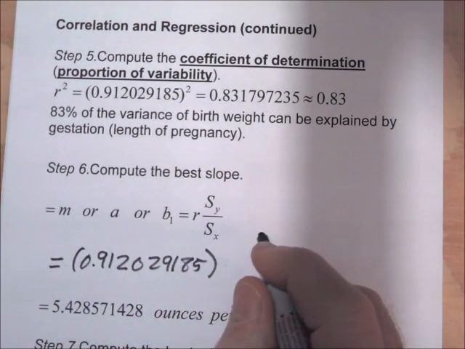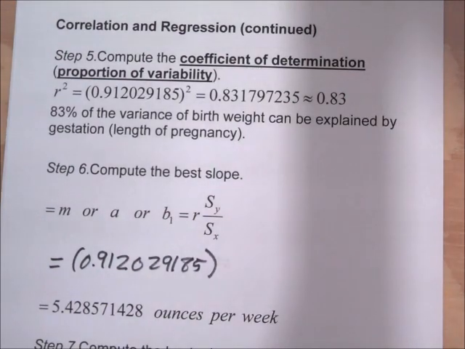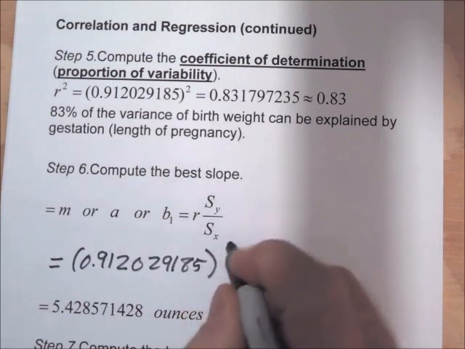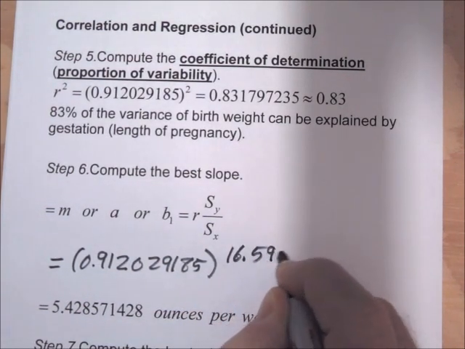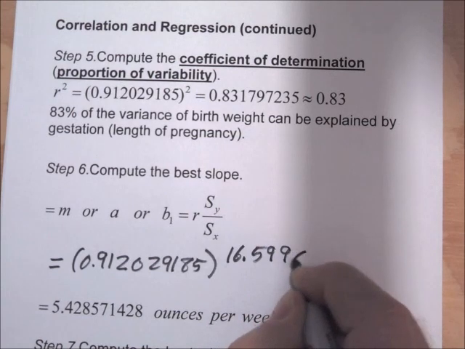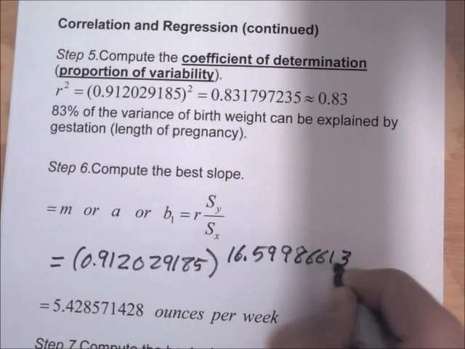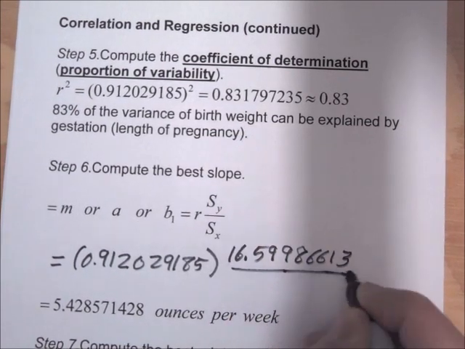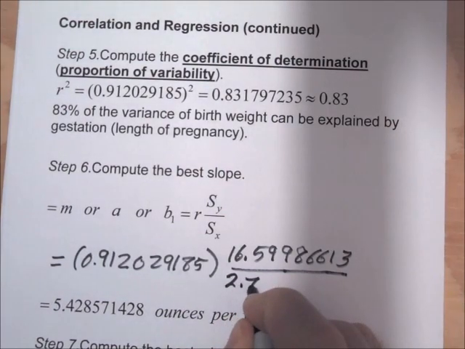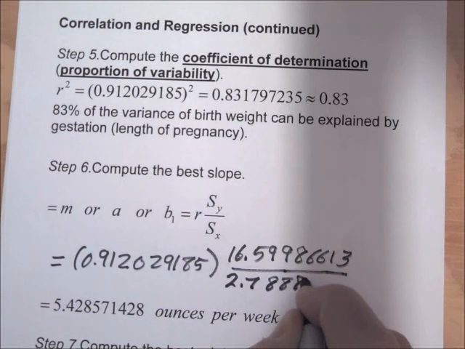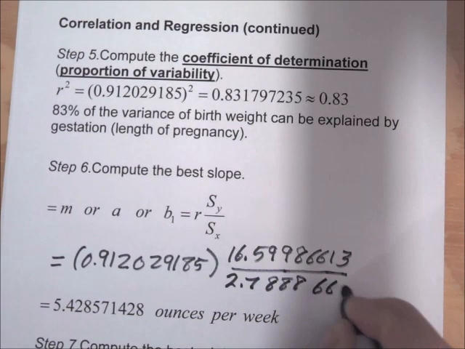The standard deviation for Y, we computed before, was 16.599866613, and divide by the standard deviation for X, which was 2.788866755.